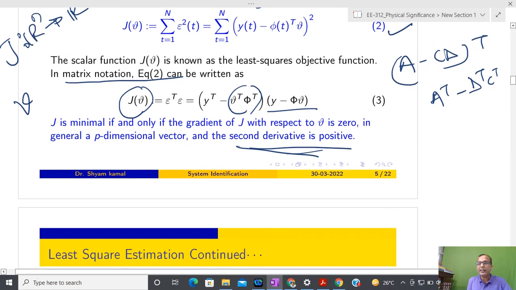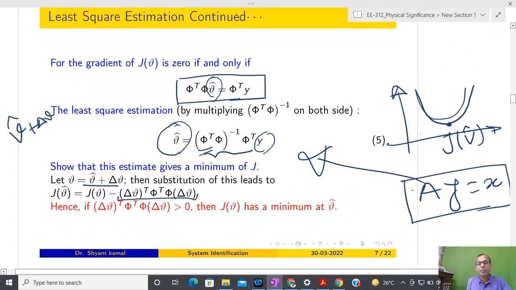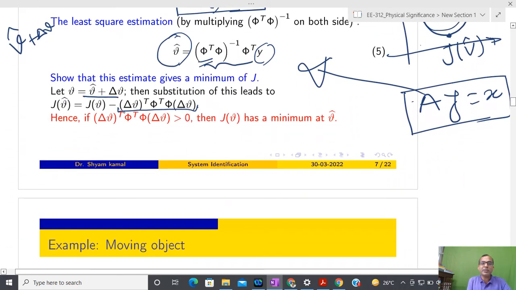Due to that reason, for any delta V, it is possible to show that J V is always greater than J at nu cap, and due to that reason I am telling that J nu has a minimum at nu cap.